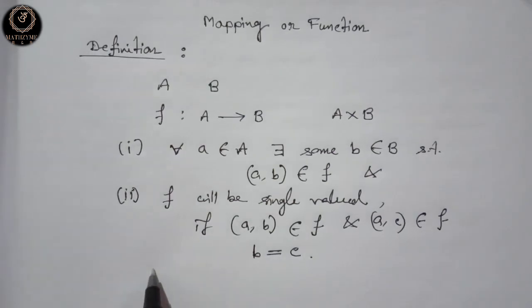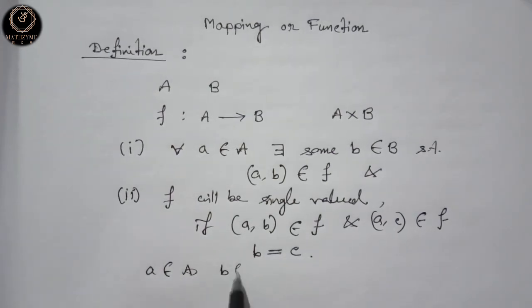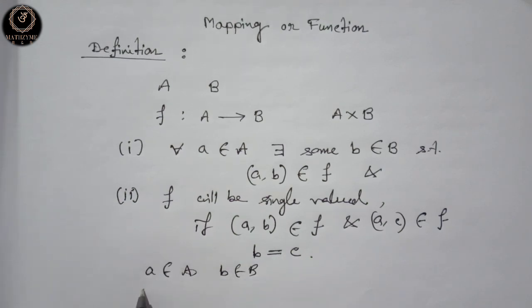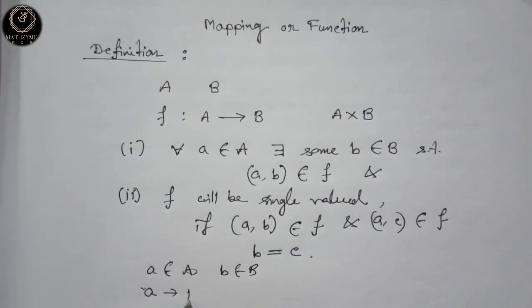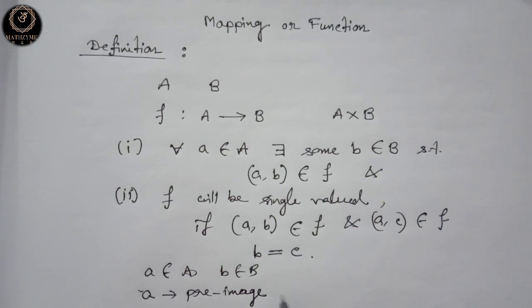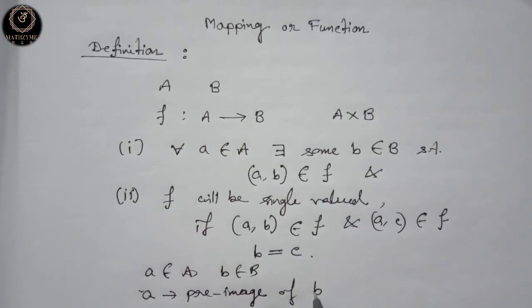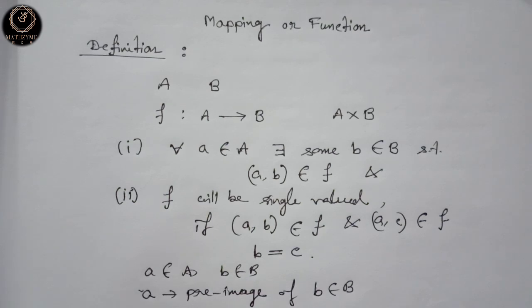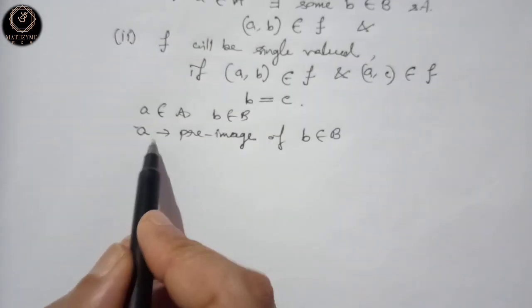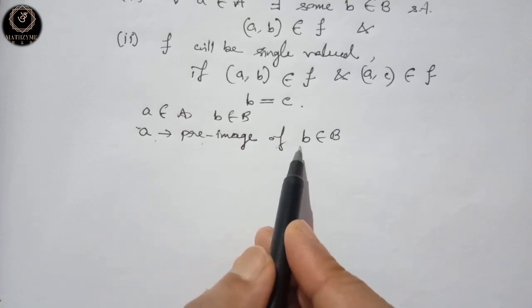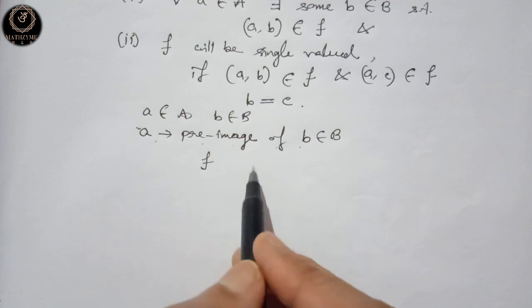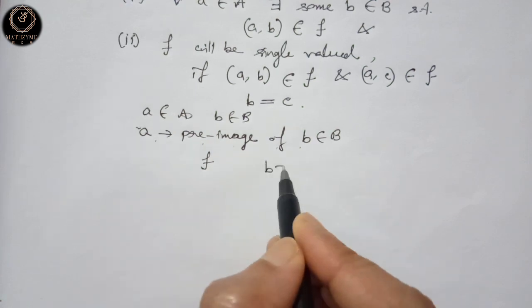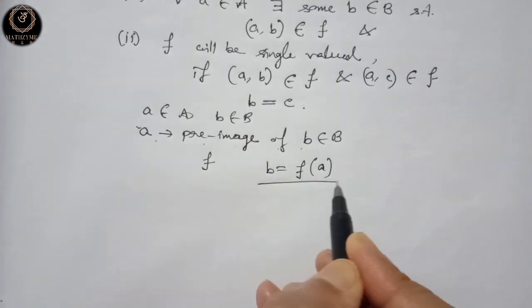Here small a belongs to A and small b belongs to B. So we can call a a pre-image of b, and b also belongs to the set B. Now we call a a pre-image of b under the function f, and we write it as b equals f of a.